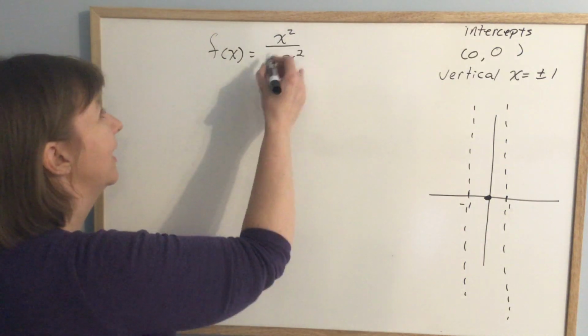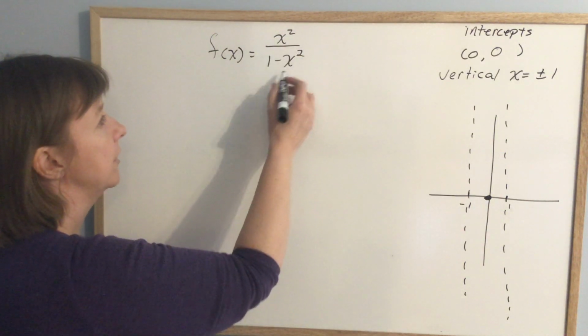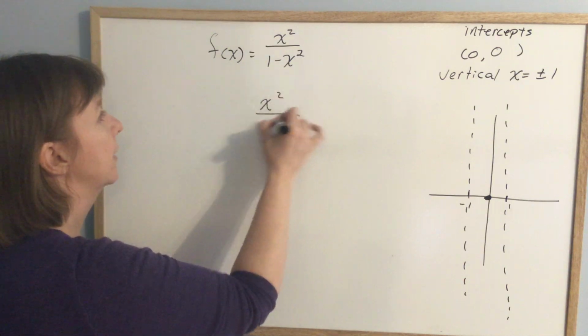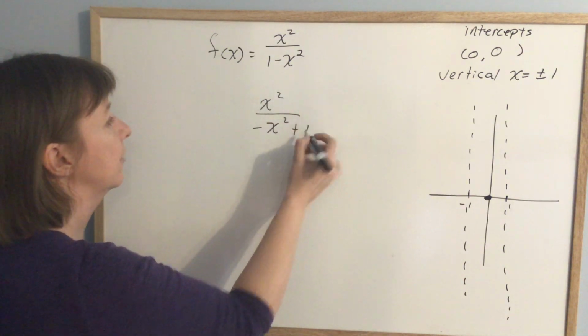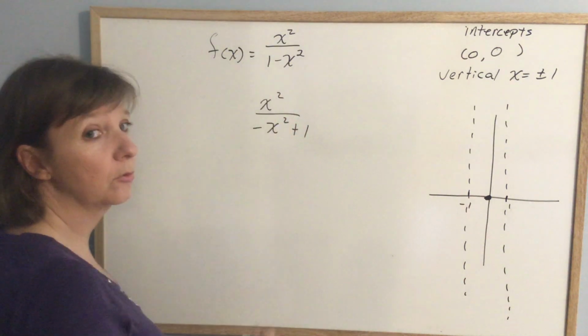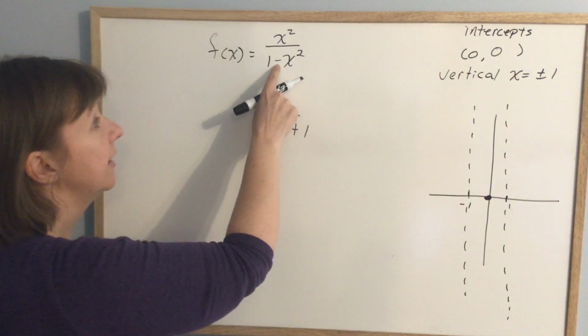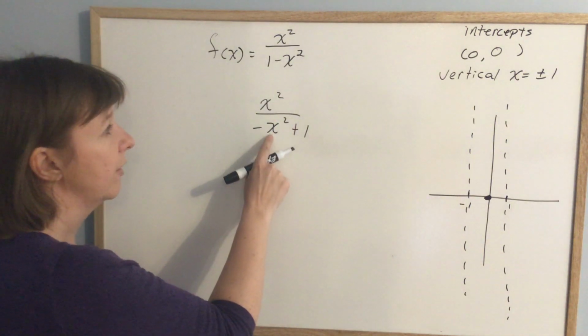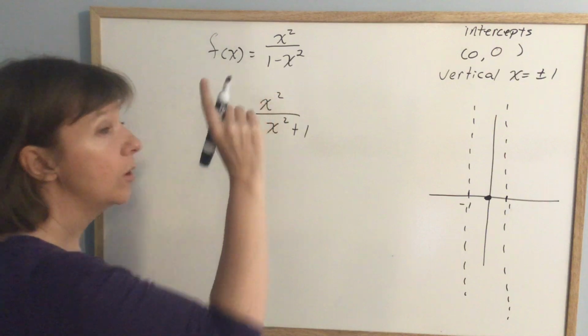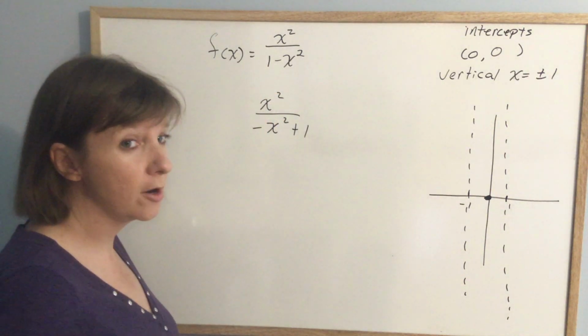So, if you don't like it this way, think of it this way: negative x squared plus 1. All I did was make sure that the x squareds were lined up. But that negative goes with the x squared. Don't say x squared minus 1, because the 1 isn't minus, the x squared is.